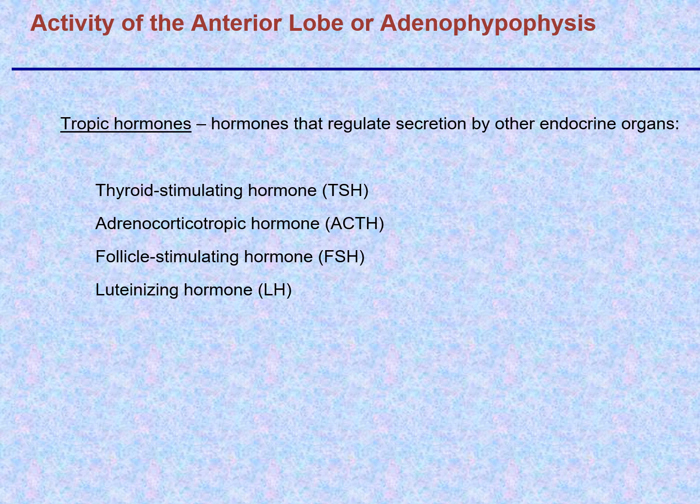So the tropic hormones produced in the anterior lobe include thyroid stimulating hormone, or TSH, which acts on the thyroid gland, adrenocorticotropic hormone, or ACTH, which acts on the cortex of the adrenals, follicle stimulating hormone, which acts on the gonads, and luteinizing hormone, which also acts on the gonads in males and females.